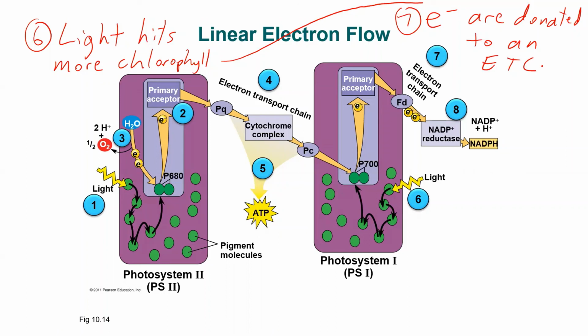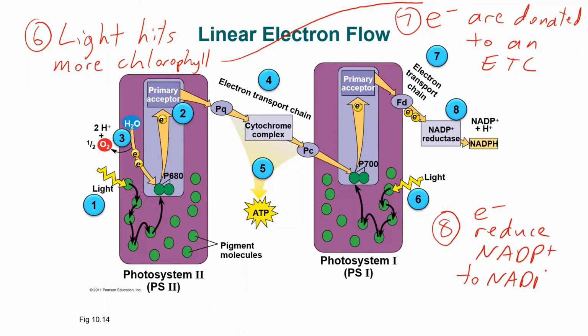And I'm not going to have a big explanation about this, but basically those electrons are replenished from the first photosystem, photosystem 2. Kind of the main point here at the end is what happens to those electrons in the end. So in the end, those electrons, they reduce NADP+, and they reduce it to NADPH. And that's kind of it.